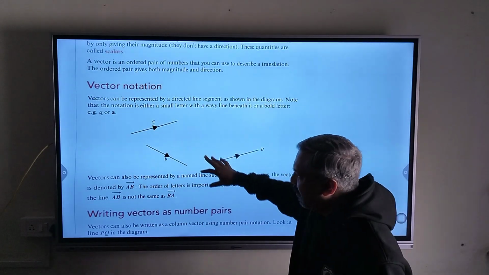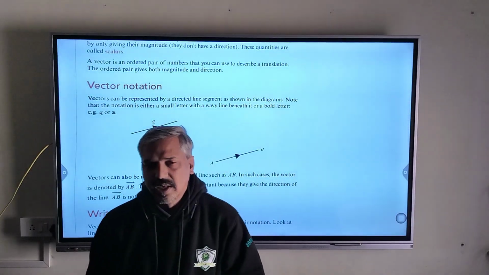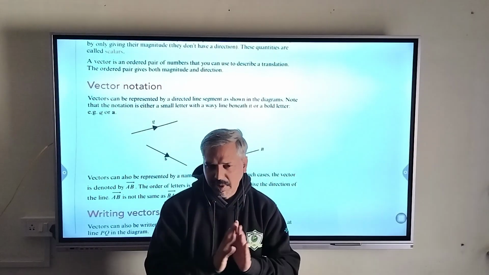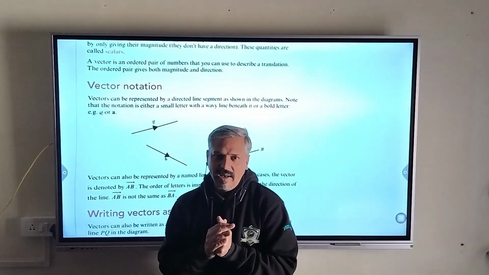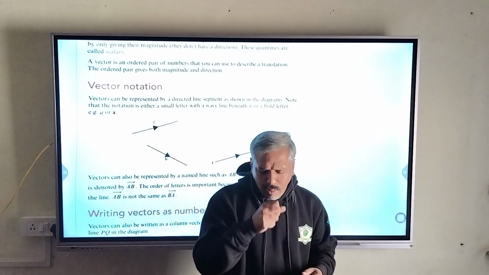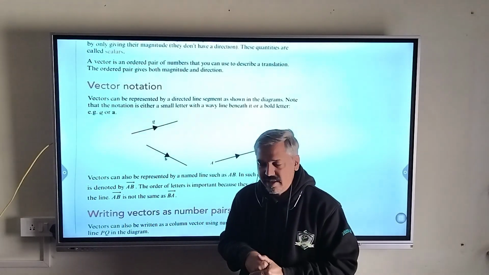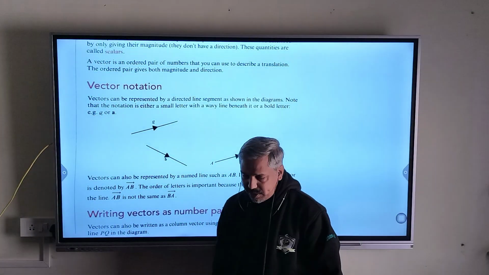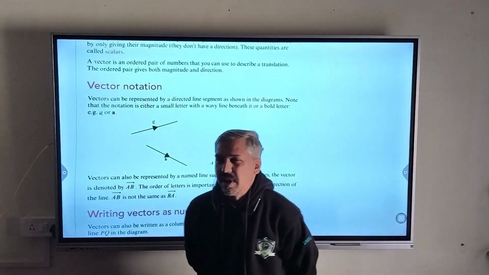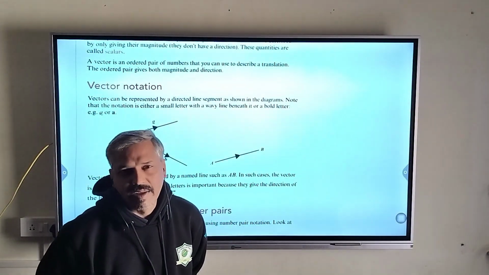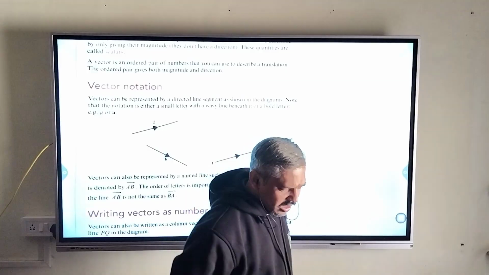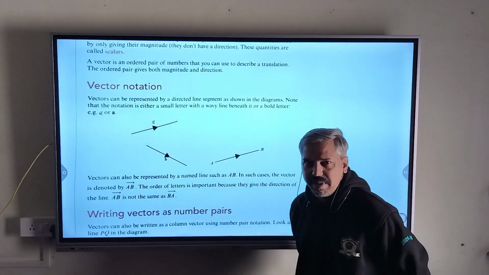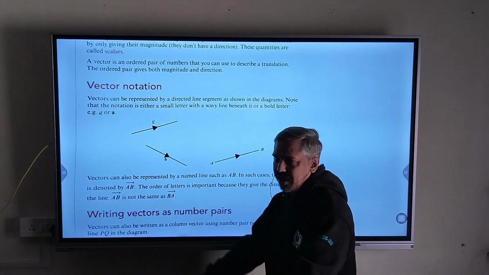I'll tell you what it means. Before we actually start with vectors and vector notation, let's see a very simple situation. There was one video where there was a relay race. There were small school kids, grade 3, 4 kids, running. The relay race started, and one bunch of boys started to run.